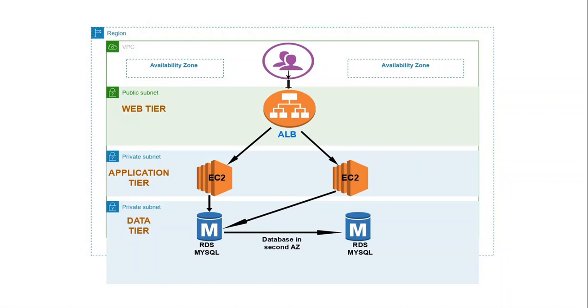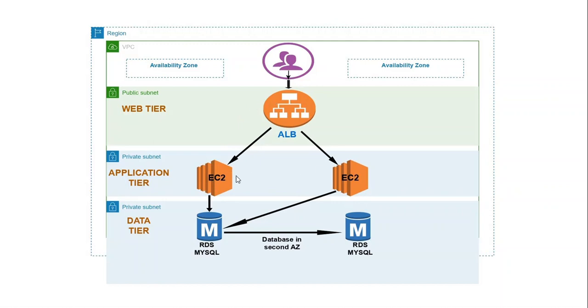We don't want users to access these directly, so when a user tries to access our application, the request will pass through the load balancer, which will distribute traffic across these two servers.